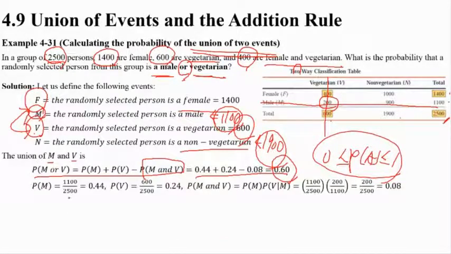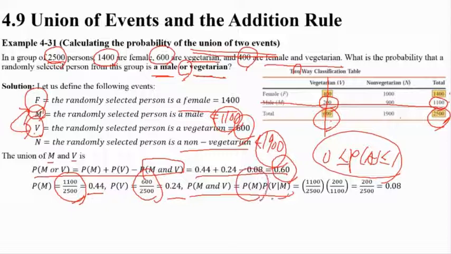Alright, how to get that? 1100 for male, 1100 out of 2500, and vegetarian 600 out of 2500. And here male and vegetarian is 200. How did you get it? Male and vegetarian given male.